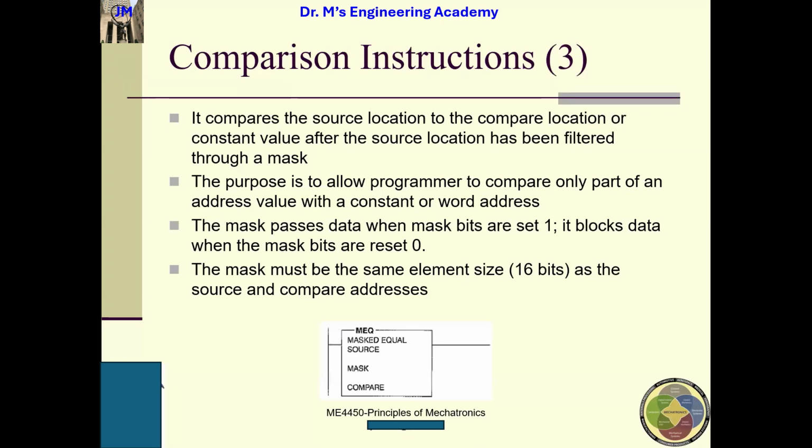However, if one bit of the mask is set to 0, then you do not need to compare the corresponding bit of source and the corresponding bit of compare. You understand, guys? Only when the corresponding bit of the mask equals 1, these two bits, one from the source and the other from the compare, will be compared. Otherwise, just pause. So the mask must be the same element size, as I said, the same length, here 6 bits at the source and the compare address.